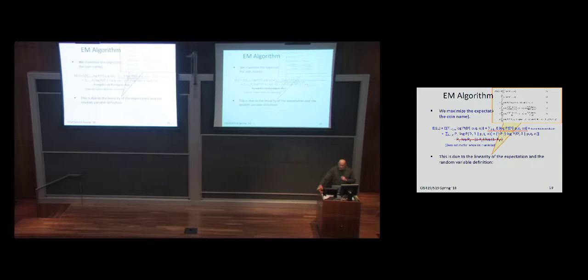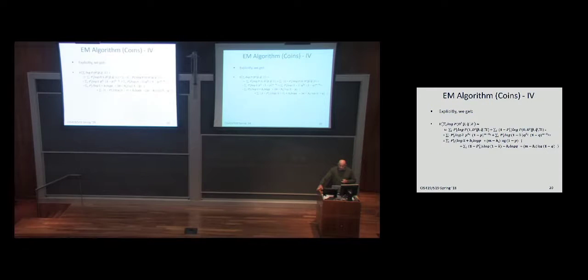I'm going to write this now explicitly for the coin. What did we say? I want to write down the expectation of log P of data point given the parameters, first row. And this can be written as, it's not exactly this because in my algebra I dropped a term that doesn't matter for the maximization.